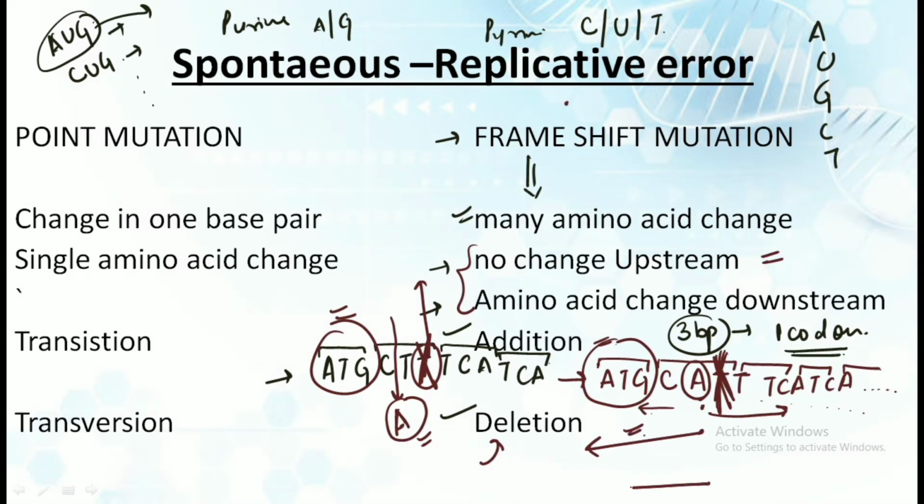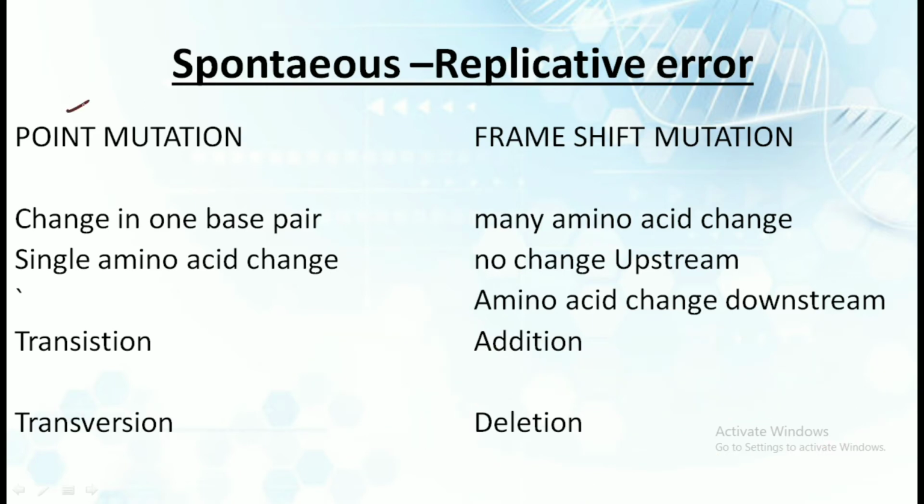Upstream means to the left of the point from where the change has occurred, and downstream is going towards the right of the change point. So this is all about the point mutation and the frameshift mutation.